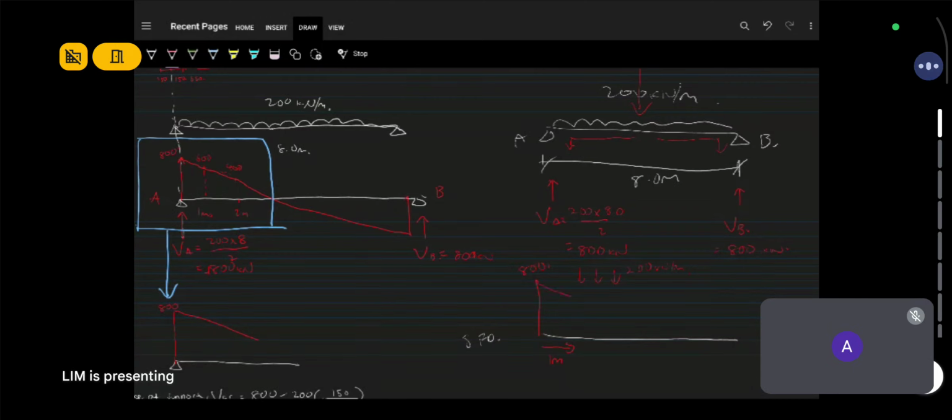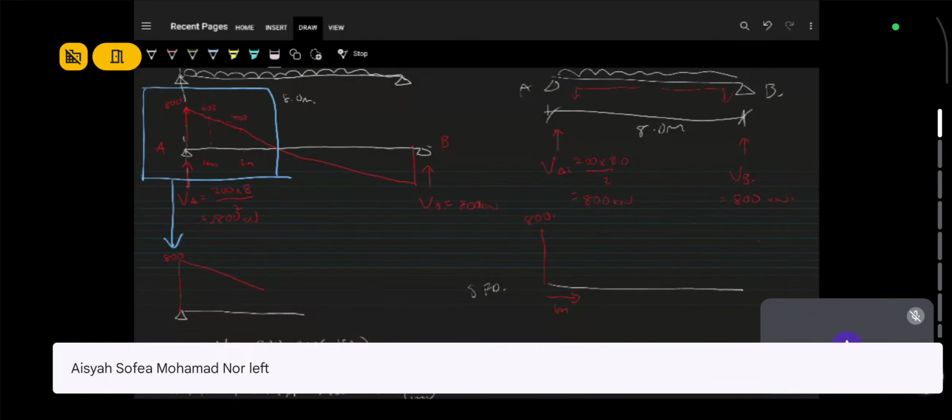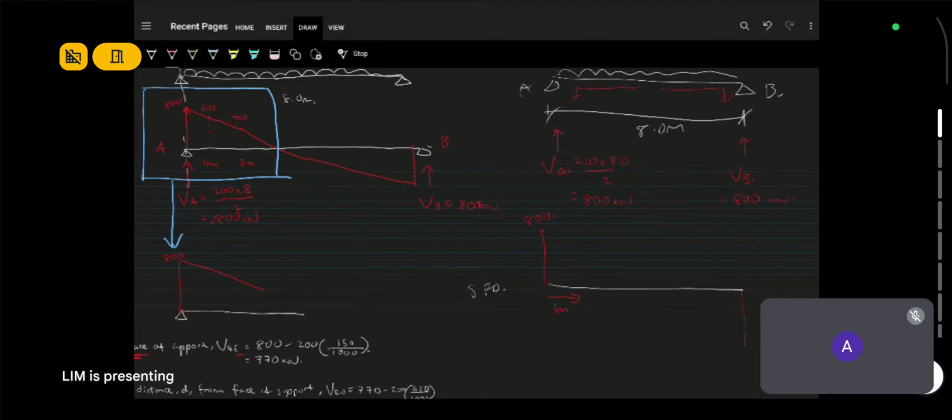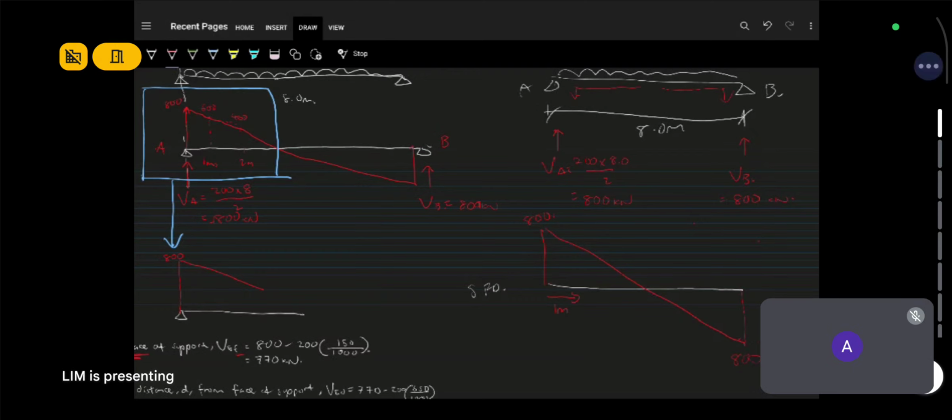So as you go 1 meter, you lose 200, so it becomes 600. Then another meter, you lose another 200, so it becomes 400. Eventually it's going to do that, roughly like that. So that's your shear force diagram.